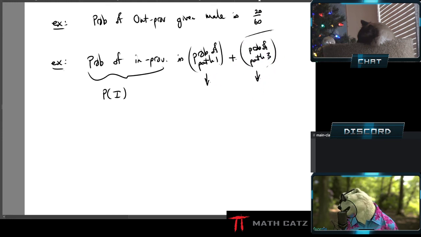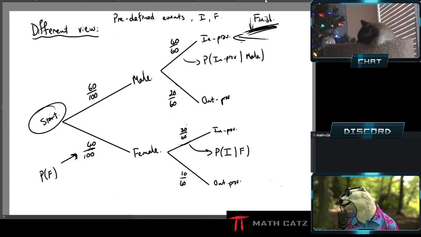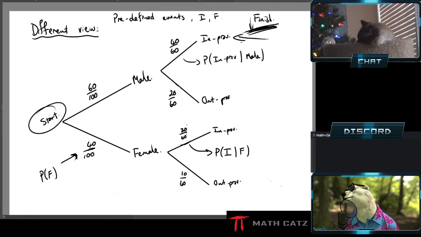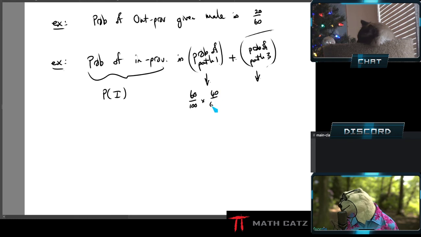So now I look at those paths separately. How do I get path 1? I remember, to get a full path start to finish, I multiply along the path. So 60 over 100 times 40 over 60, plus the probability of path 3, which is another way I can do it.